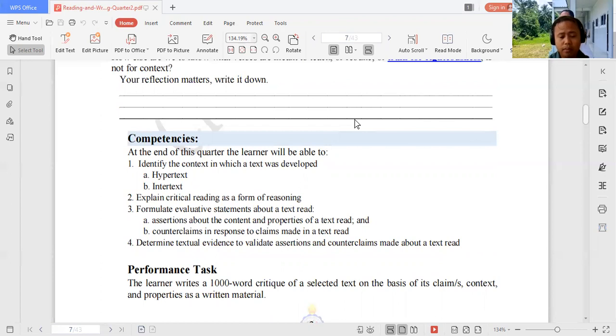Now, what do you mean by counterclaims? Let us open our Merriam dictionary. All right. So what is counterclaims?